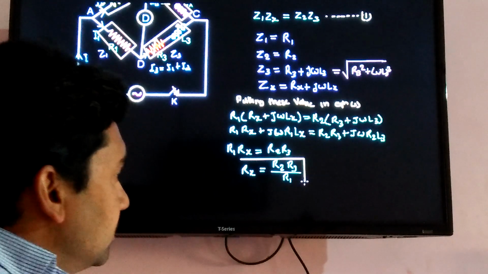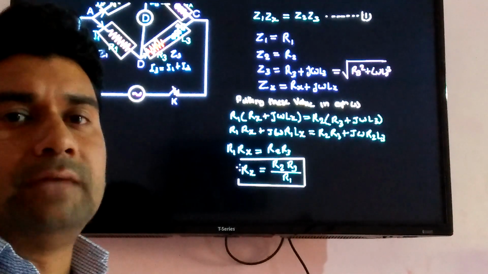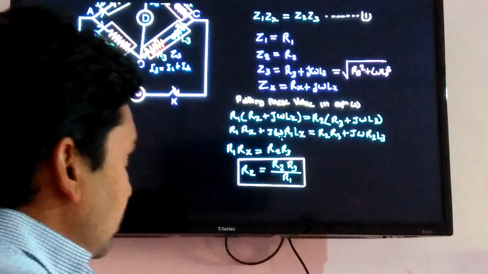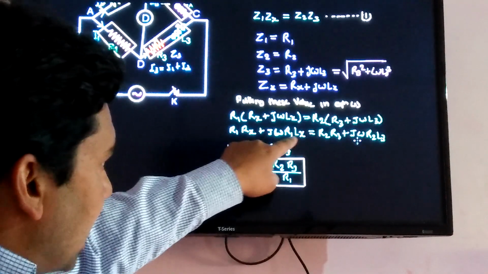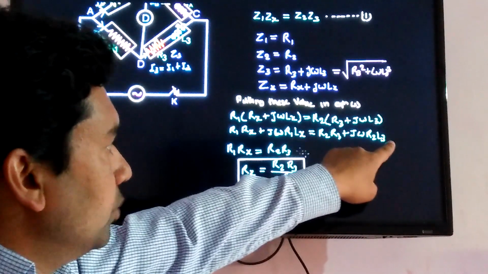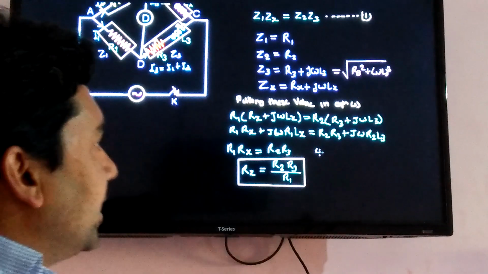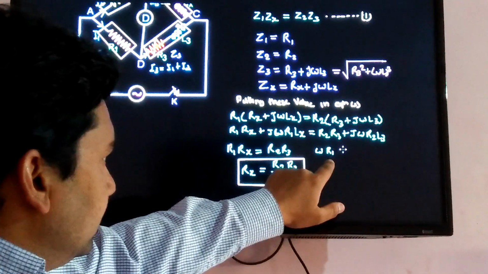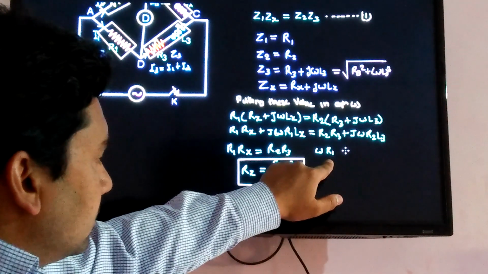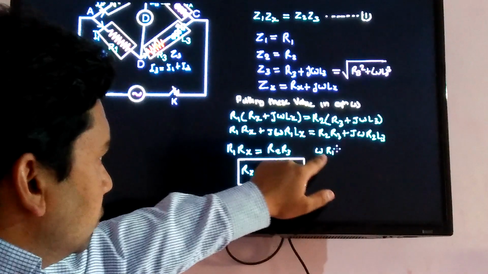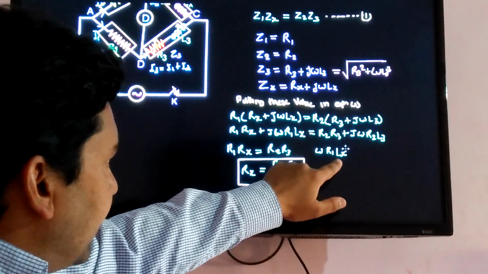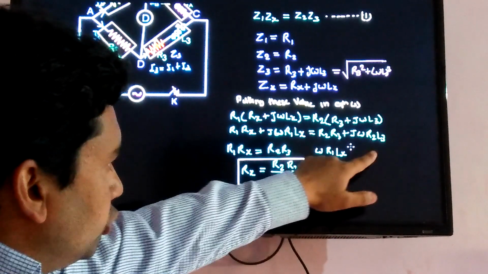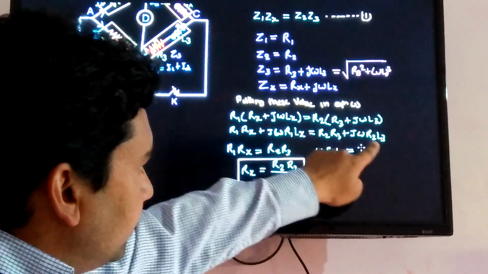Now similarly we can find the value of the unknown inductance from the imaginary part. The imaginary part is j omega R1 Lx and j omega R2 L3. So write down omega R1 Lx, which is equal to omega R2 L3.